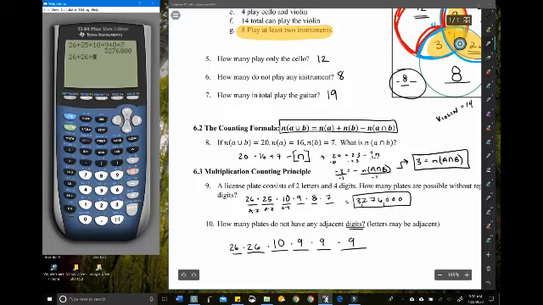So remember, for adjacent, you just have to subtract 1 from the initial case. Oops, too many 9s. And go from there. 26, 26, 10, 9, 9 is 4,928,040.